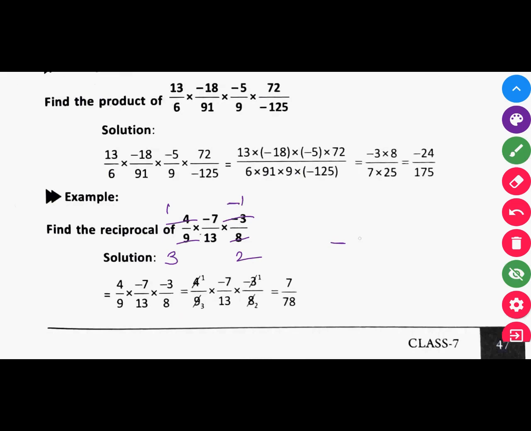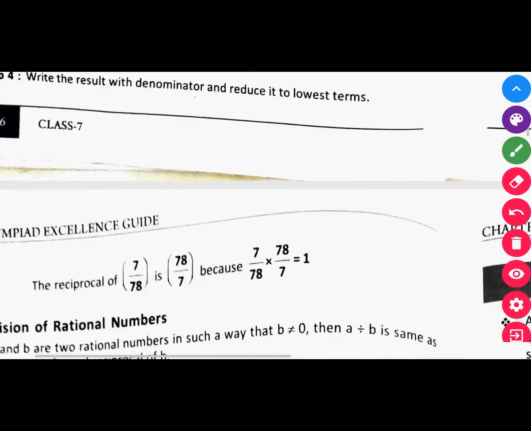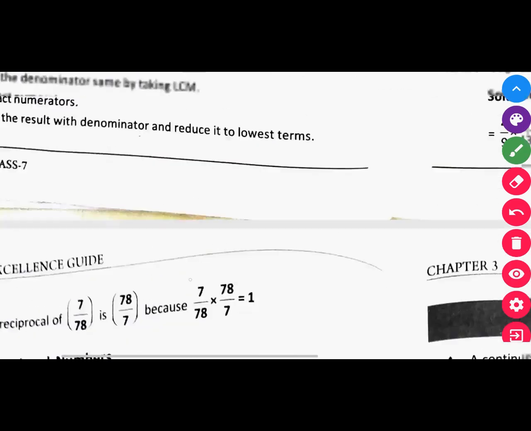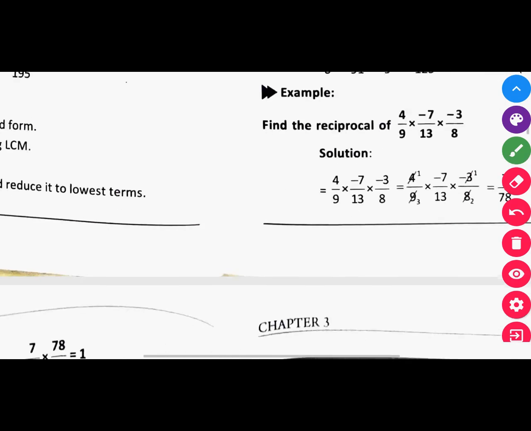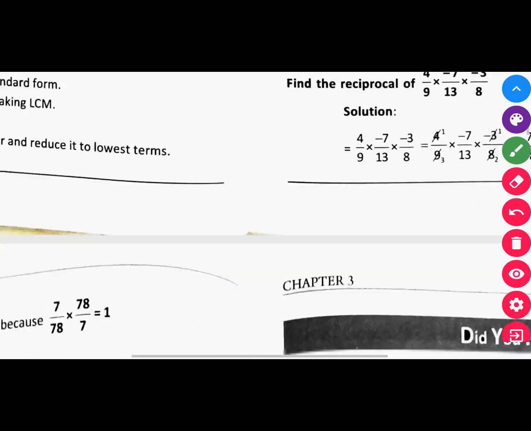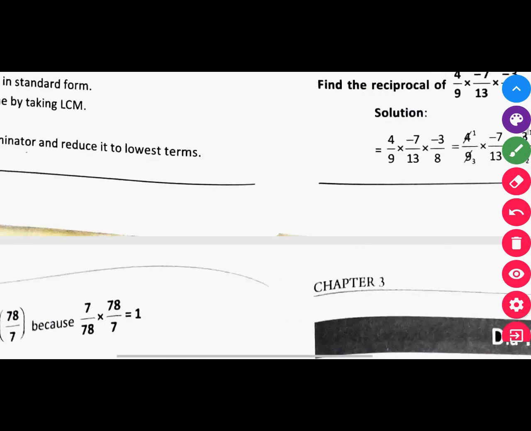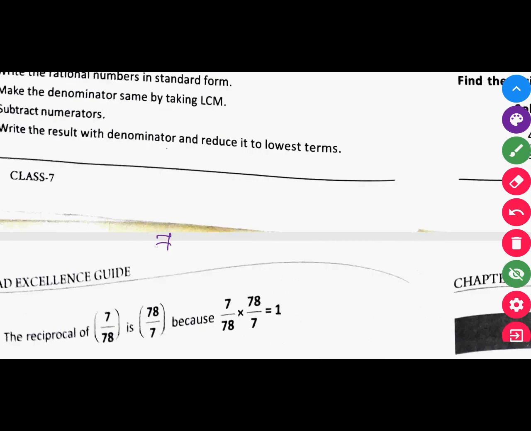Minus 7 minus 1 becomes plus 7 upon 13 twos are 26 and 26 threes are 78. Now this is our product, and the answer is 7 upon 78.